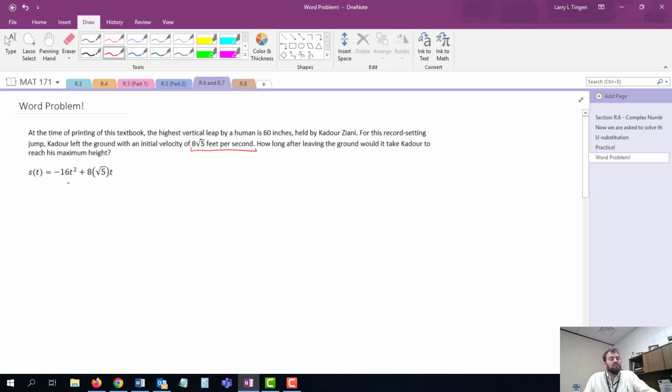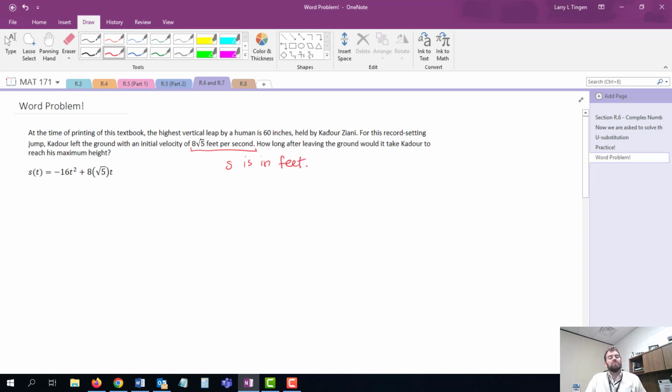So feet per second are appearing in here multiple times. This means, and you'd only know this because I'm telling you, that when I get done, s is in feet.